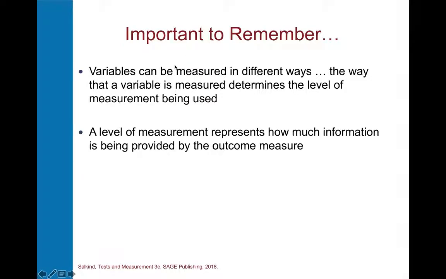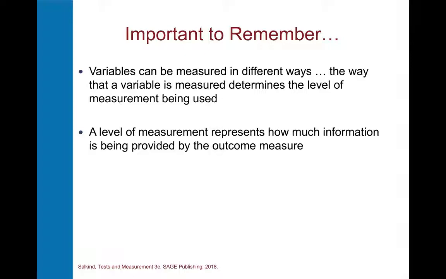For example, we can measure the height of a person in several different ways. If you say that people in group 1 on average are taller than group 2, then we have to measure this variable, height, at a level that distinguishes one group from another in rank or magnitude. On the other hand, if we chose to measure this variable at a level that distinguishes groups by a certain number of inches, then it's going to be a lot more precise and informative compared to if we just rank them, like group 1 being taller than group 2.